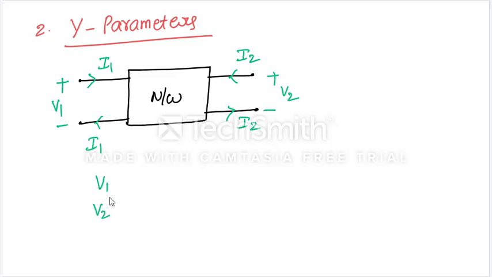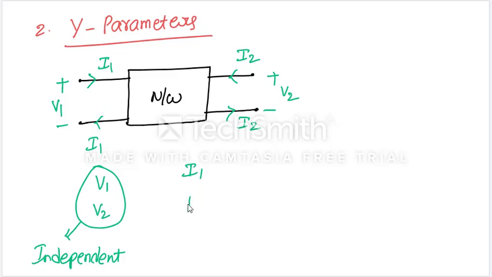V1 V2 we are calling independent variables in this case, and I1 I2 we are taking as dependent variables.